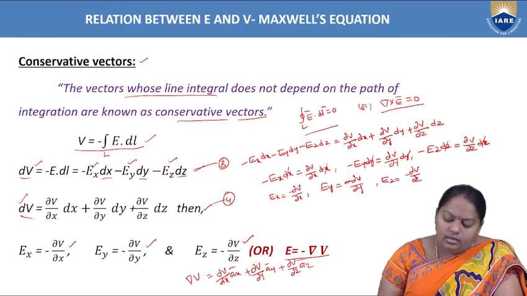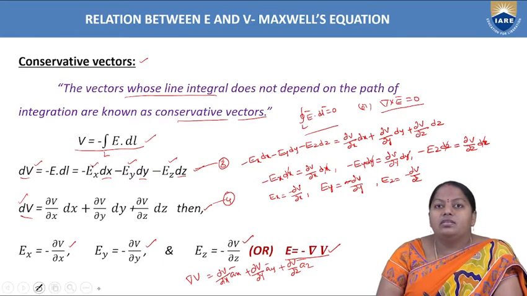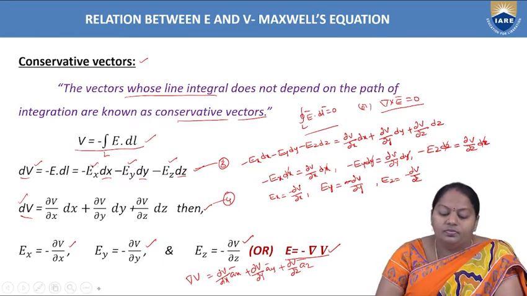So that's why this equation E equal to minus del V is obtained from all the partial derivative terms, and the integral relation is V equal to minus integral L E dot dl. Right?